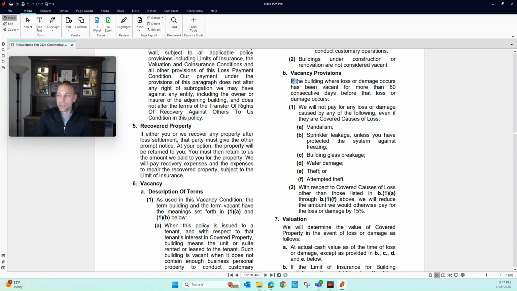Now, if the building where the damage occurs, the insurance company is not going to care if it's occupied or not unless you're going to them for a claim. You want money, something happened, they're going to say, okay, what's going on in the building?